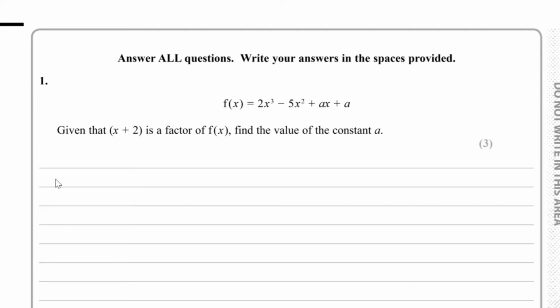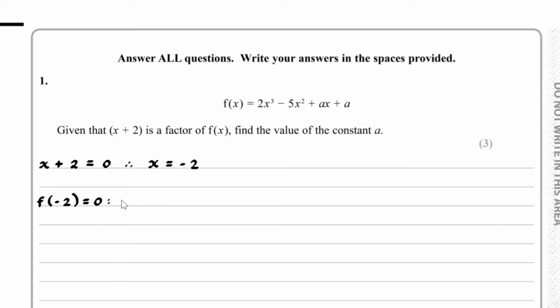Well, if x plus 2 is a factor of f of x, we can say from here then, x plus 2 equals 0, and therefore x is equal to minus 2. And so, using the factor theorem, f of minus 2 is equal to 0.